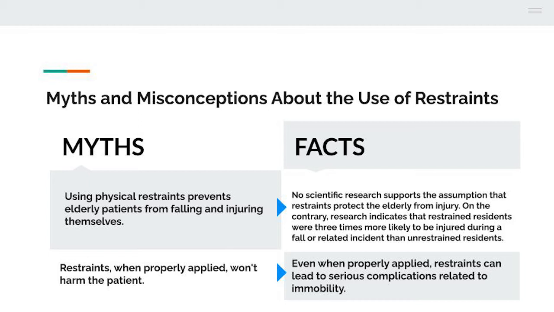On the contrary, research indicates that restrained residents were 3 times more likely to be injured during a fall or related incident than unrestrained residents. Another myth is that restraints, when properly applied, won't harm the patient. However, even when properly applied, restraints can lead to serious complications, especially related to immobility.